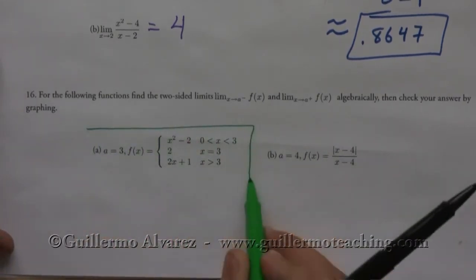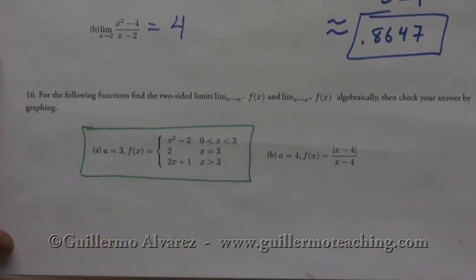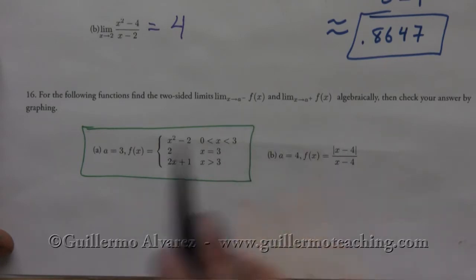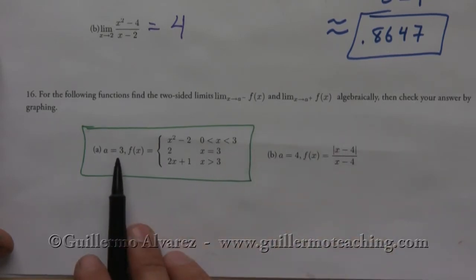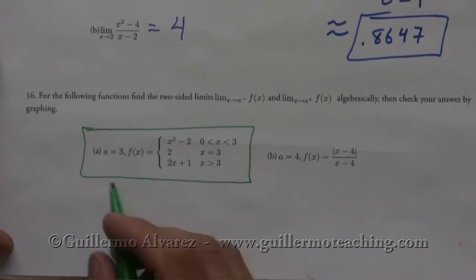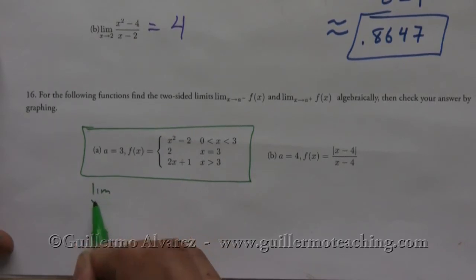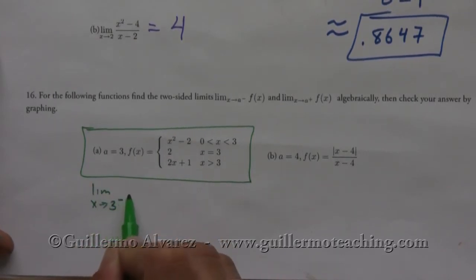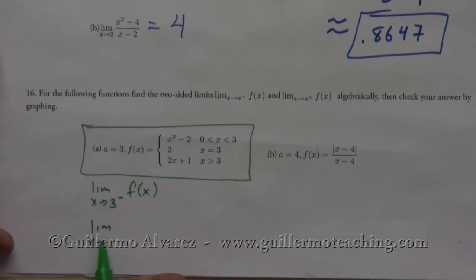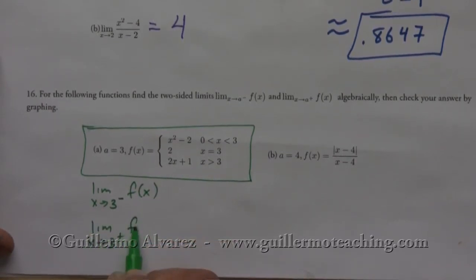So the idea is that we want to find the limit as x approaches a from the left and from the right. So here for this one, a is equal to 3. So what we're looking for is the limit as x approaches 3 from the left and the limit as x approaches 3 from the right.